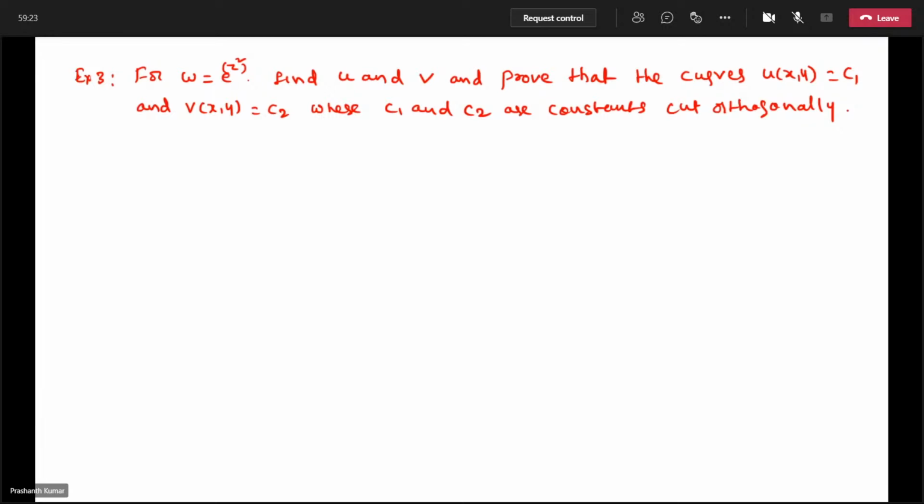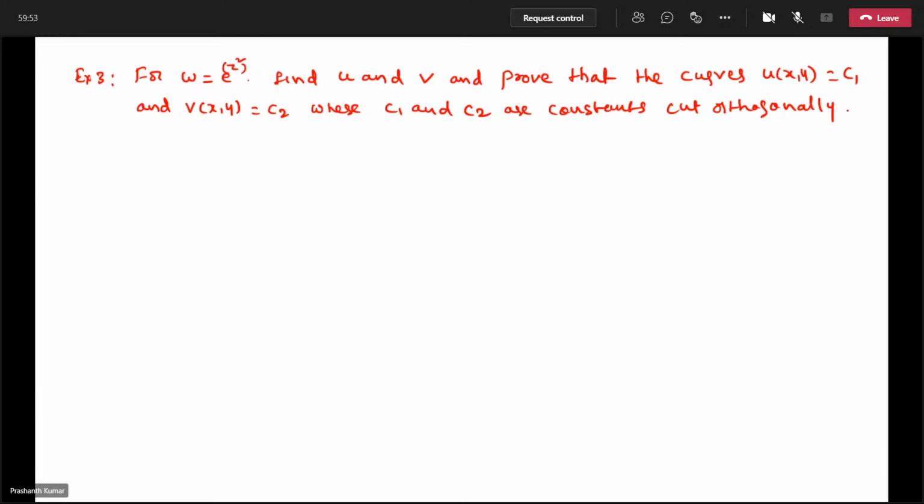You find the u and v from this function. You take u as the function and differentiate with respect to x, v is also differentiated with respect to x. And that dy by dx, you take the value from each one of the family of curves and multiply those two.